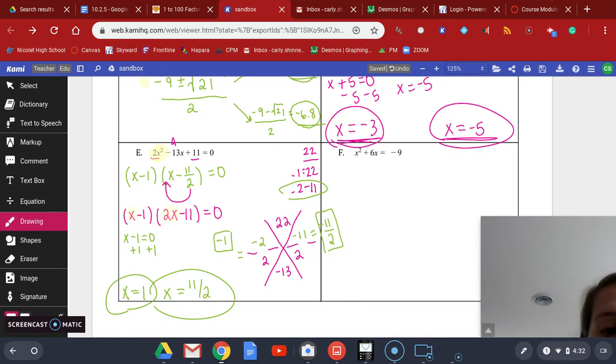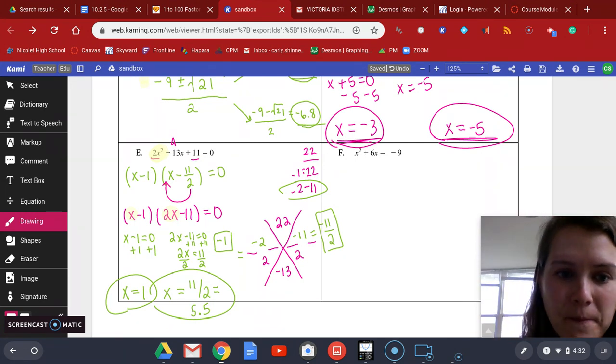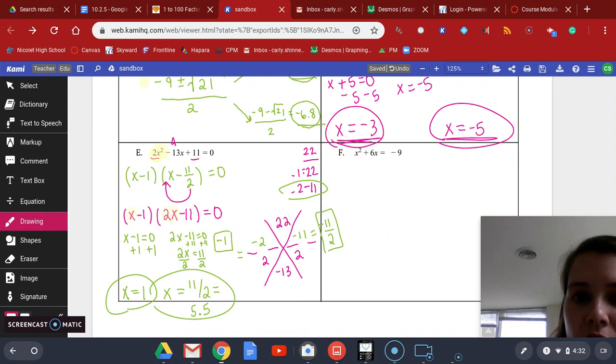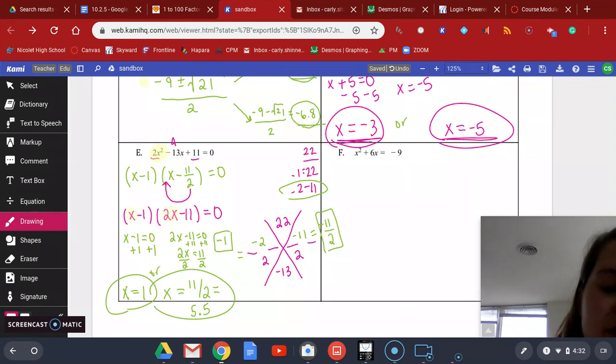So that's why I feel like I'm saying opposite a lot, but that's where it comes from, all right? So let's set them both equal to 0. I'll add 11 to both sides, divide by 2, and I get 11 divided by 2, or 5.5 if you prefer decimals. All right, those are my 2 x-intercepts there. So this or that, this or that.